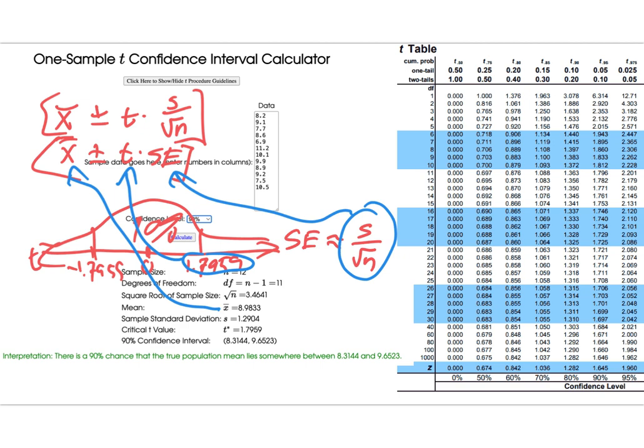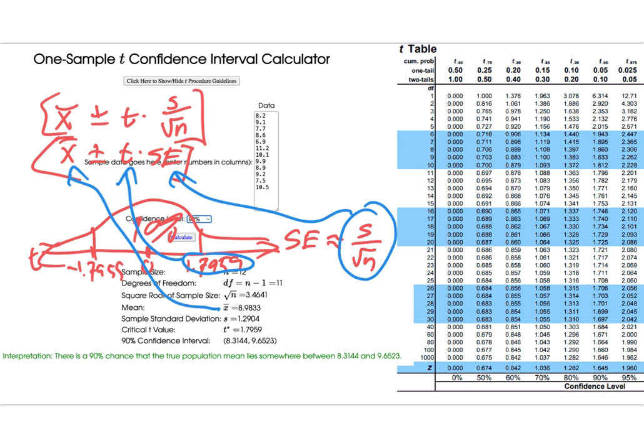If you did 100,000 samples and you made a confidence interval for all of them, and you had all of those confidence intervals written on a little piece of paper, folded up and put into a hat, so you've got 100,000 slips of paper, each with a confidence interval written on it. We expect 90% of them to have the true mean because it's a 90% confidence interval.